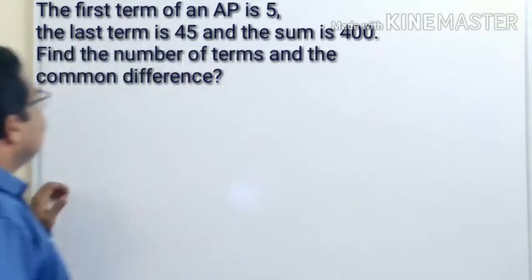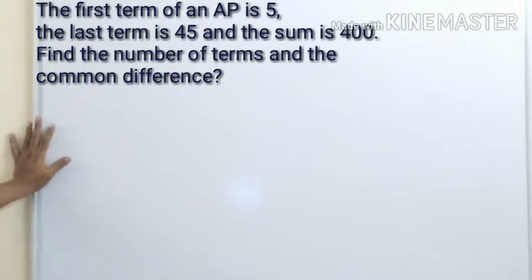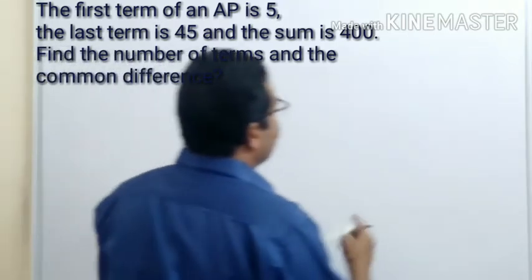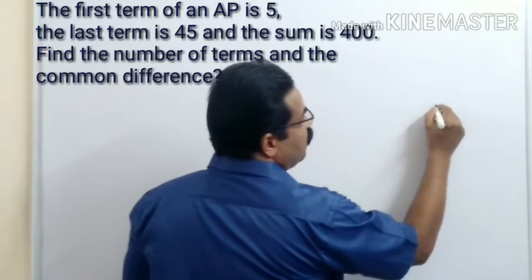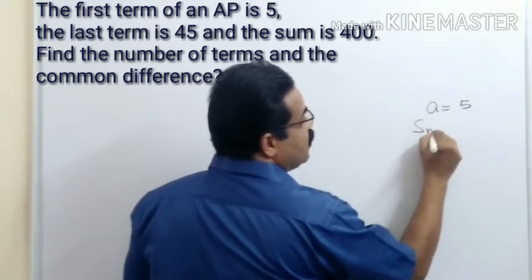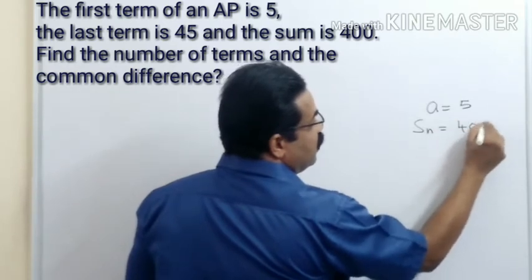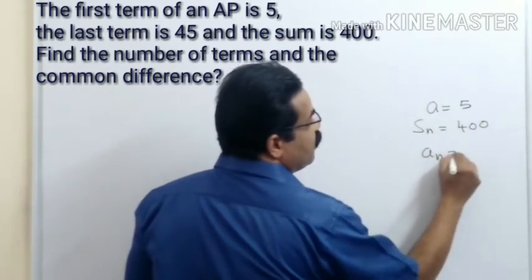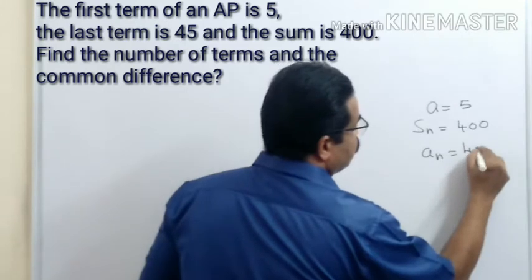So what is given? The first term is given to you 5, the last term is given to you 45 and the sum is 400. You have to find the number of terms and the common difference. So according to the given question, we have a is equal to 5, Sn is given to you 400 and an is given to you 45.